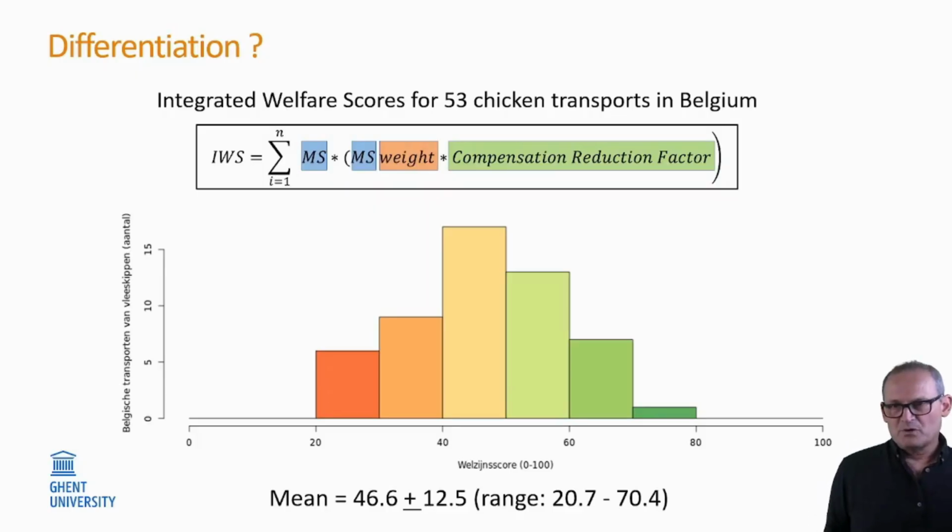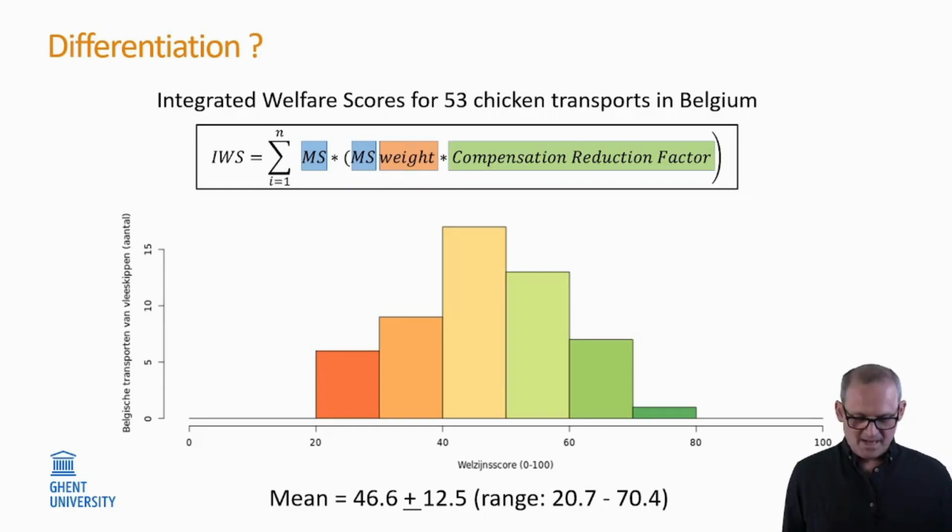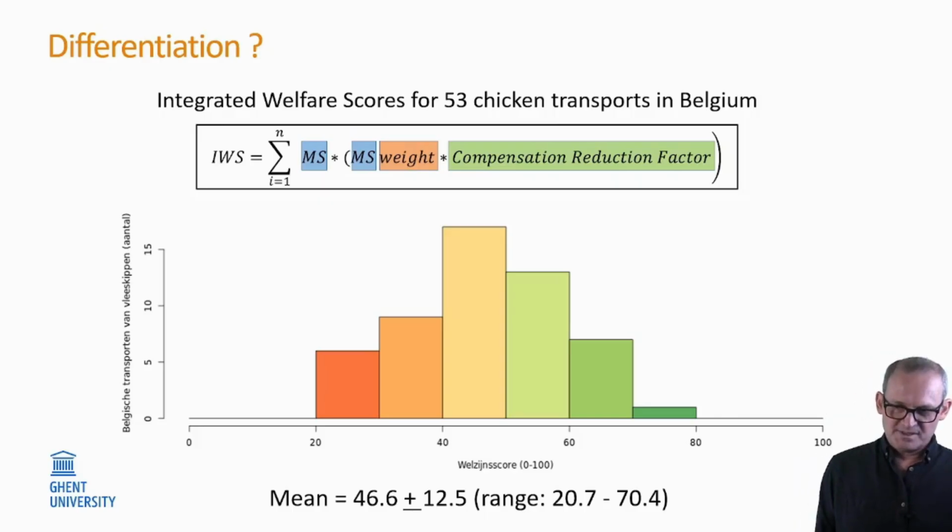So this is now the formula that we used, and we had data from 53 chicken transports in Belgium. An important goal of our tool was that it would differentiate the welfare status during pre-slaughter on commercial flock transports.